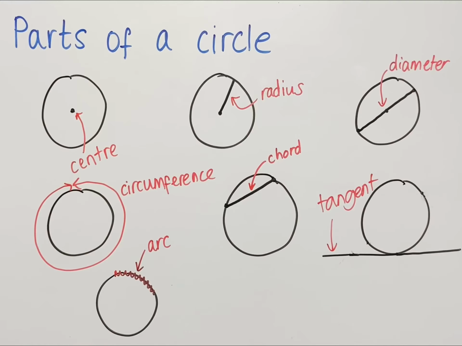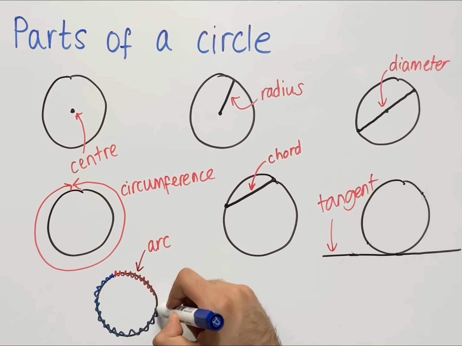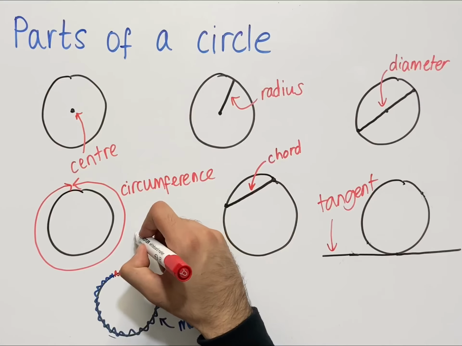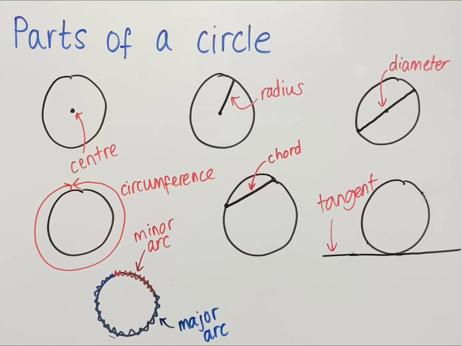If we wanted to be more specific, so if I was to shade in the other arc that could be formed from this circle, then the bit shaded in blue, we can call this a major arc, since this is the majority of the circumference that we've shaded, and the bit in red we can call a minor arc, since it's not the majority of the circumference that we've shaded.